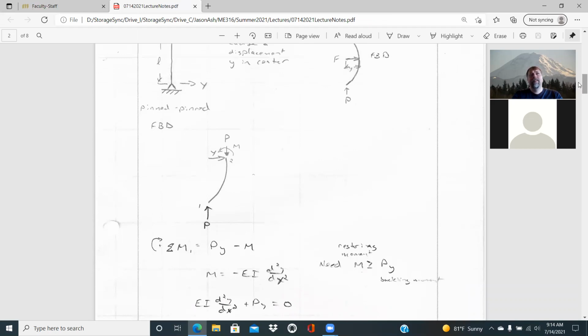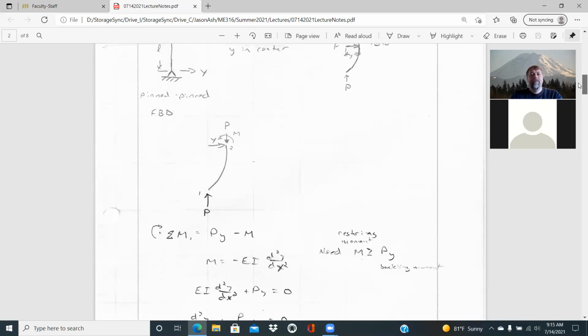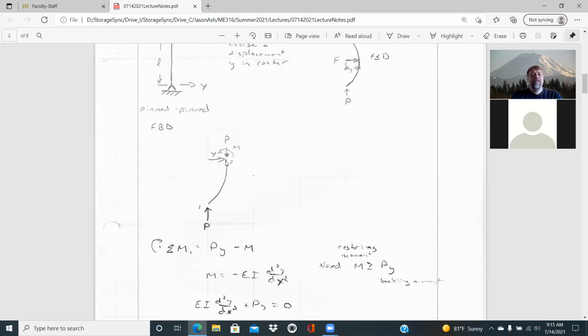And so think about it in that manner of that last page where you cause a perturbation and then you let go of that, what's going to happen. And so this is a free body diagram of what's going to happen at that point after you have that displacement Y on there. When you draw your free body diagram, again, you're just going to have your axial load from your reaction acting upward.